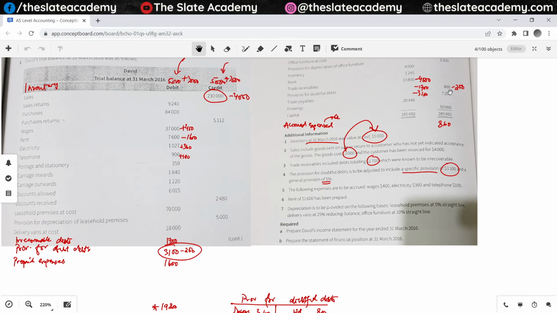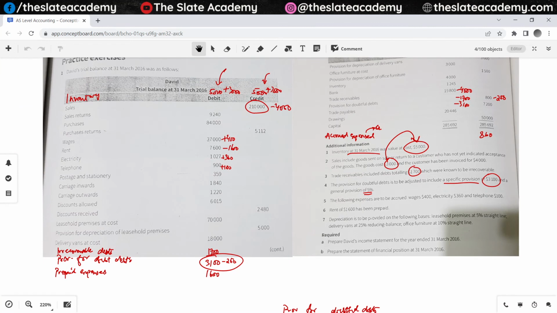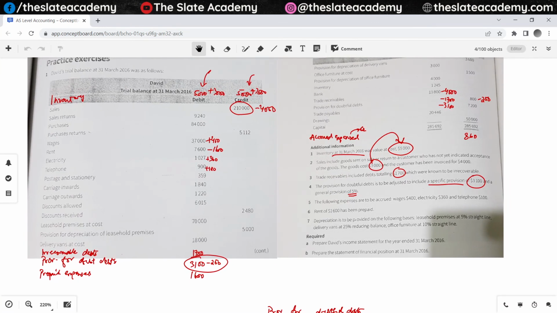For the book which we are following, they discuss the doubtful debt portion first and then the non-current assets. So here the questions are combined. Okay, no problem. For this one, I'll just tell you what the depreciation expense is. Do we already have over here the depreciation expenses? No, we don't.